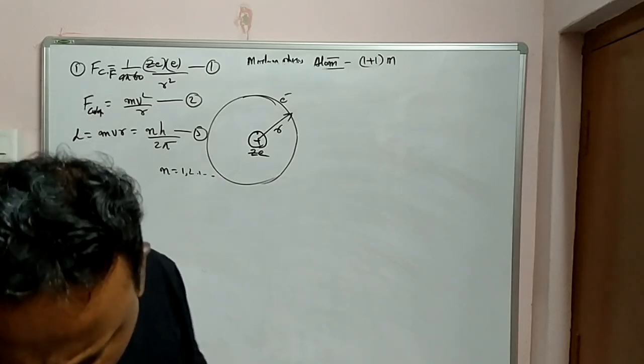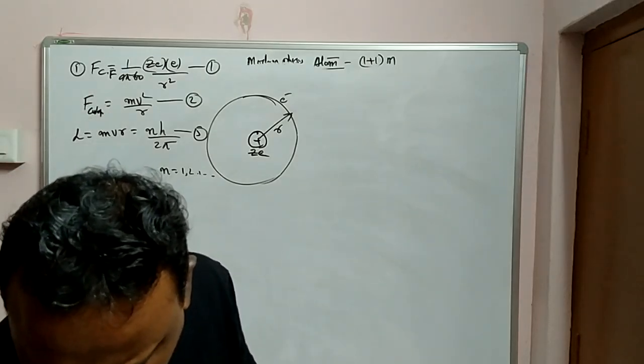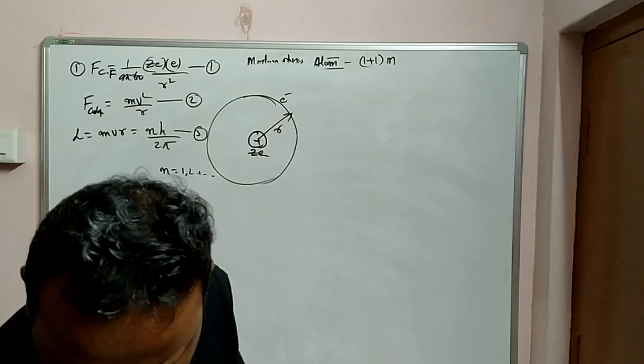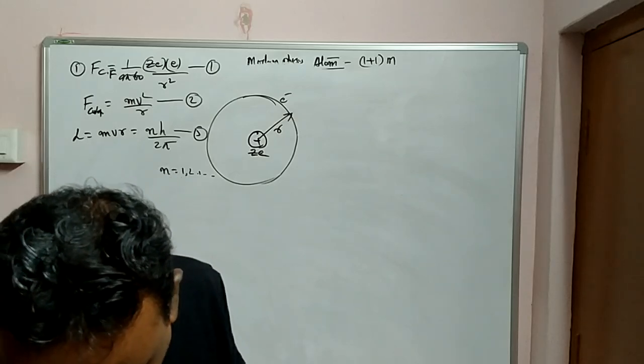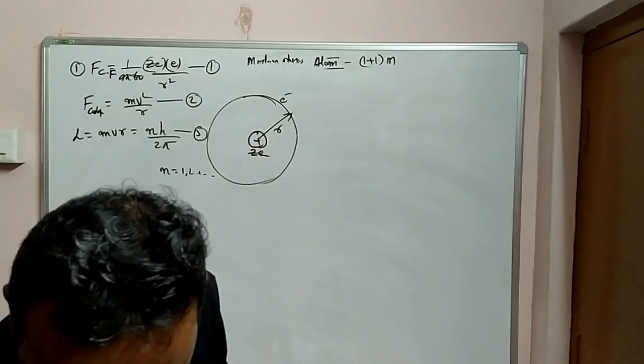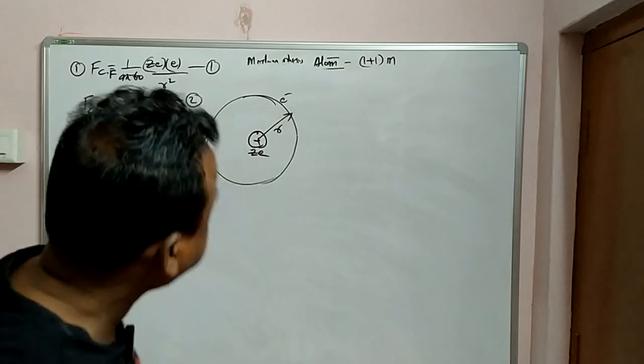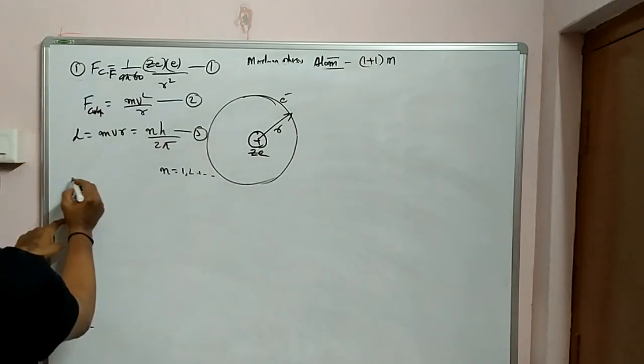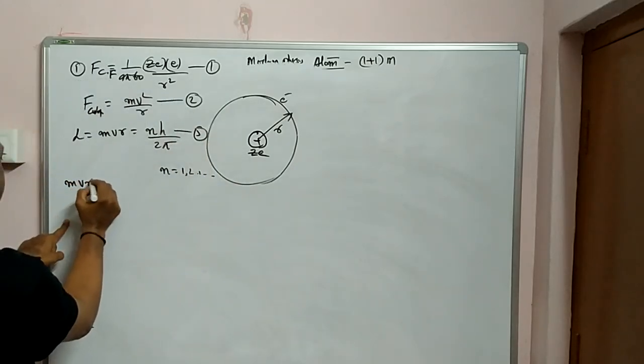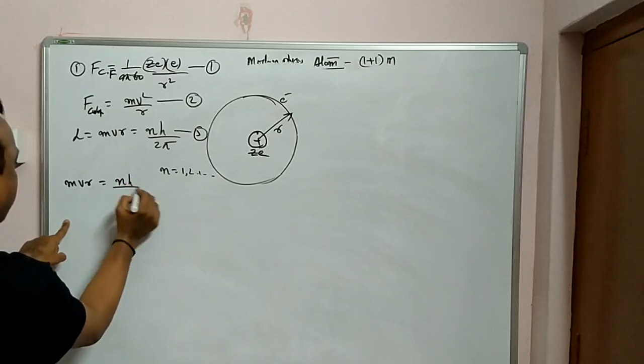Clear? Now we will solve this by taking these two equations into consideration. See here, mvr is equal to nh by 2 pi.